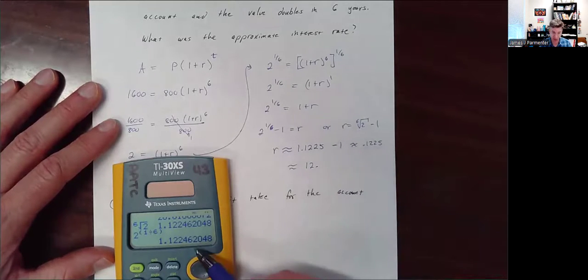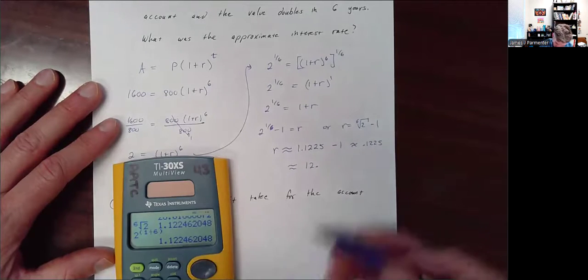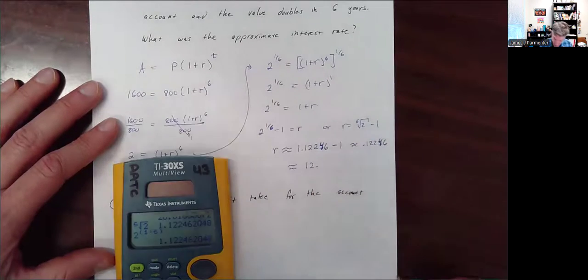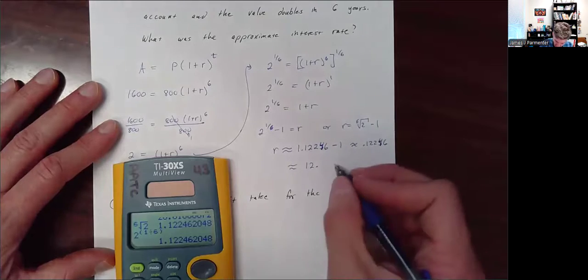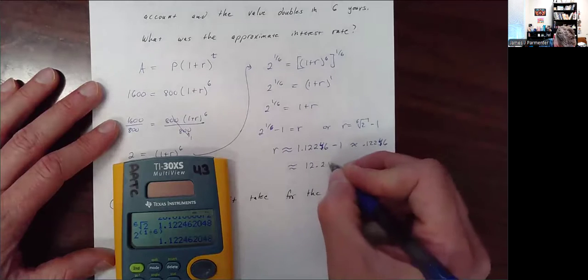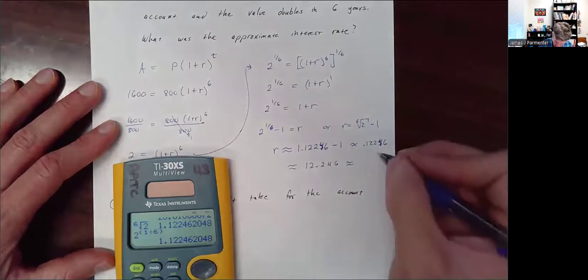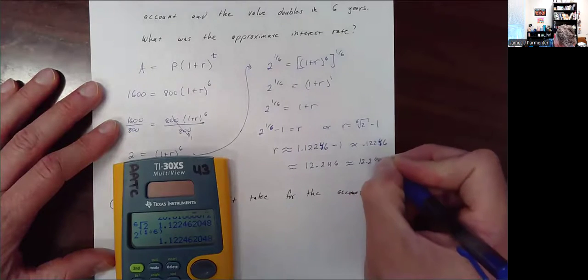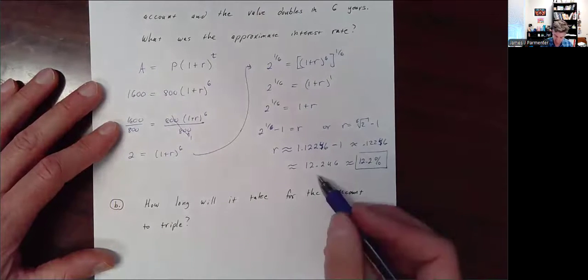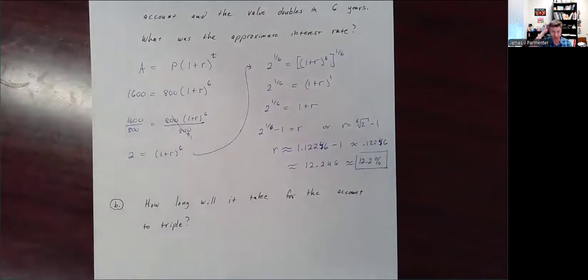But if I actually go back and look here, I have 12.246. If I go a little bit further, rounding it to the nearest tenth, 12.246 rounds down to 12.2%. If it was 12.25, it would round up, but it shouldn't actually be 12.25 because I don't want to round twice to help me get higher.